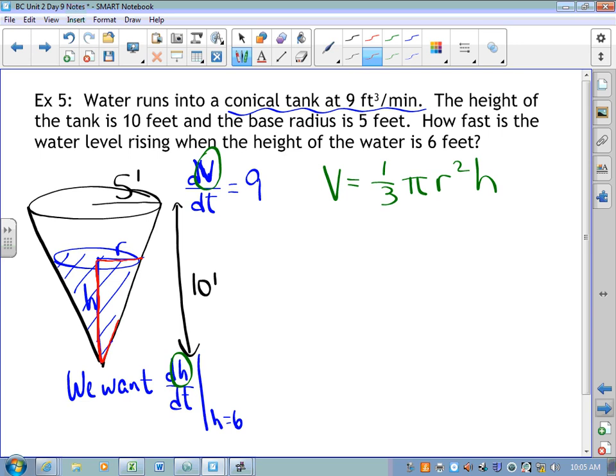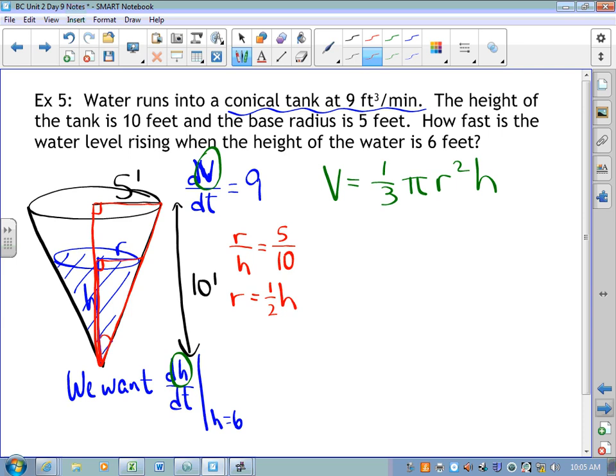This triangle is a right triangle. This triangle is a right triangle. And they share an angle. They're both right triangles. Those two triangles are similar. Their sides are in proportion. And so r can easily be replaced by half of height.